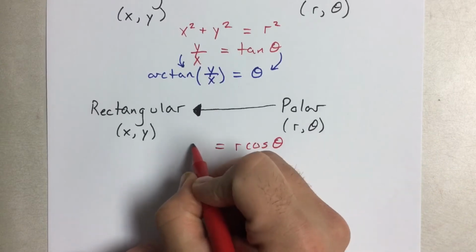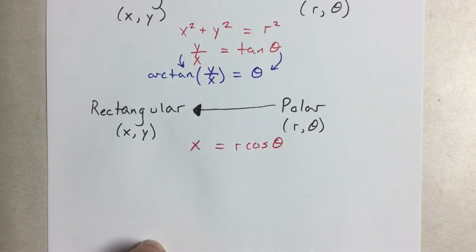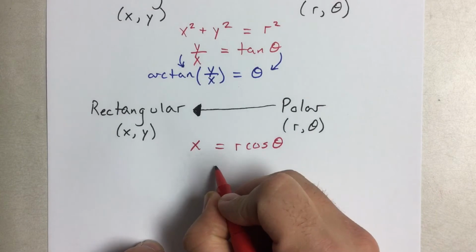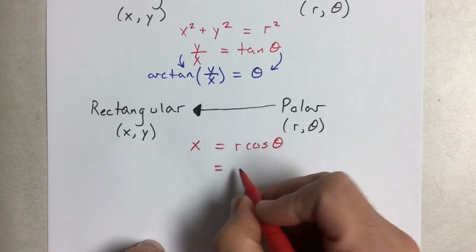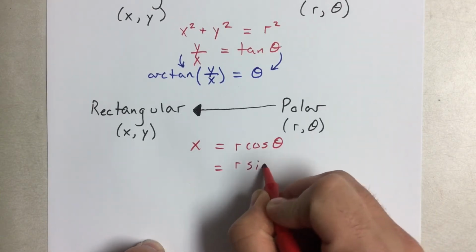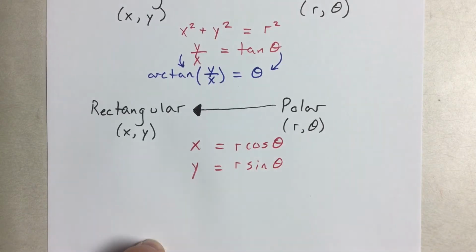This will give us the x value. And then for the y value, you're probably already saying it, it's r times sine of theta. That's our y value. Much more straightforward. You take the radius multiplied by the cosine of theta, the radius multiplied by the sine of theta, and you have your x and your y.